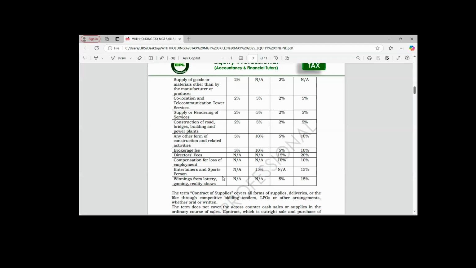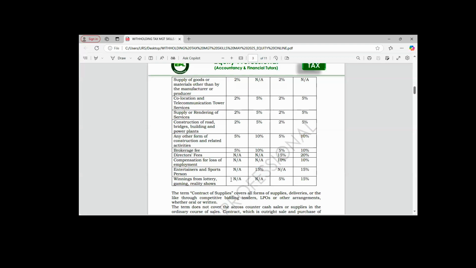Entertainment and sports persons. Government found out that the majority of these foreigners just come to Nigeria, come and sing, musicians or sports people, collect money and then run away with it. And government does not want that, so they also want to make money from those activities.